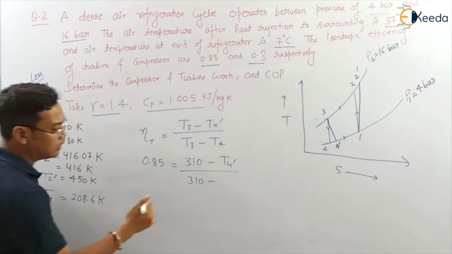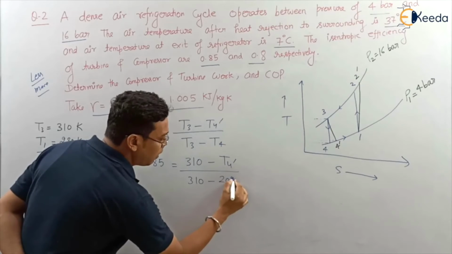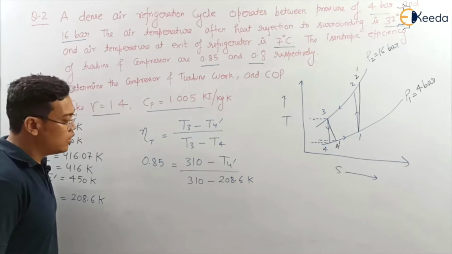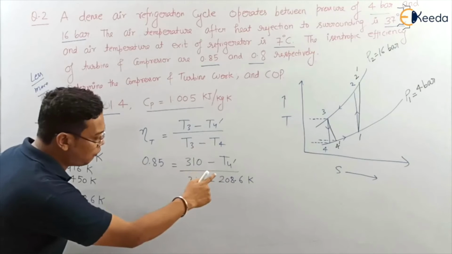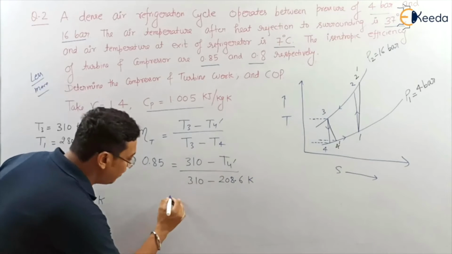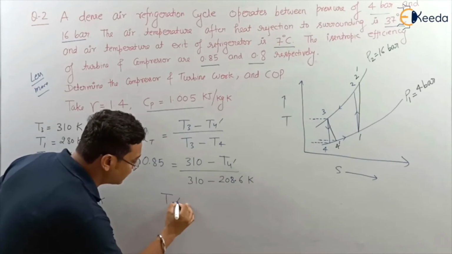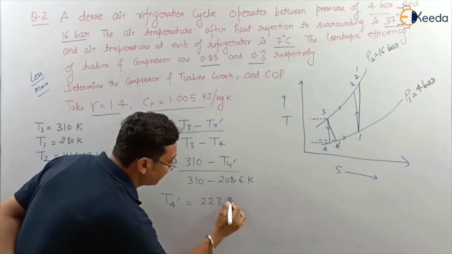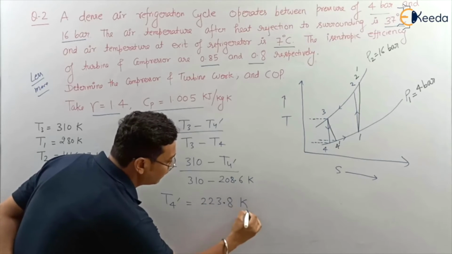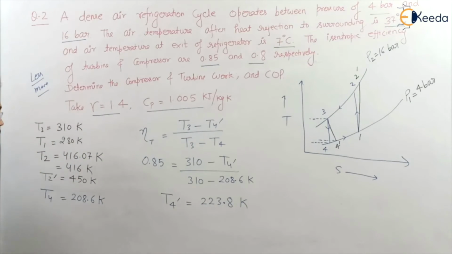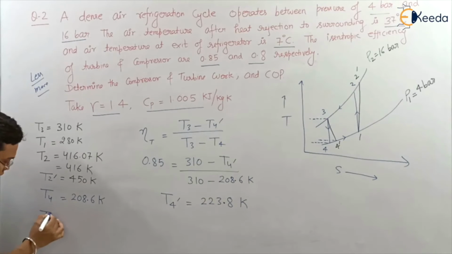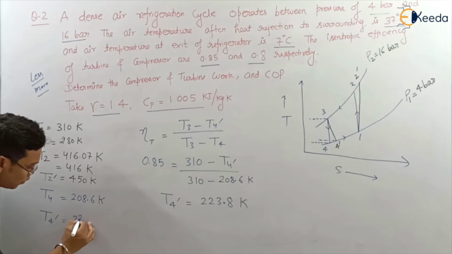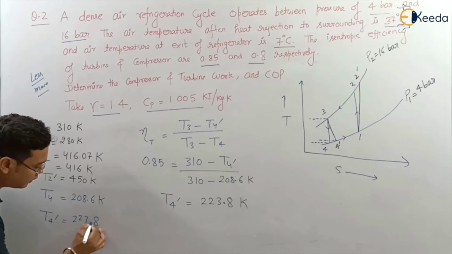T4 we have calculated 208.6 Kelvin. So by calculation of this equation, we will get T4 dash is equal to 223.8 Kelvin. Okay. So I'll write here T4 dash is equal to 223.8.